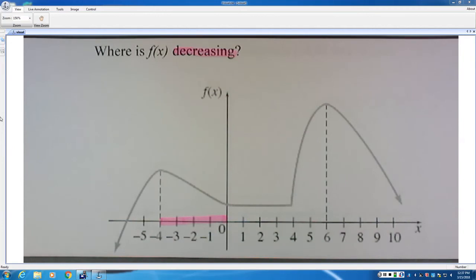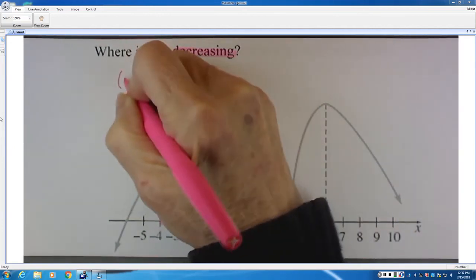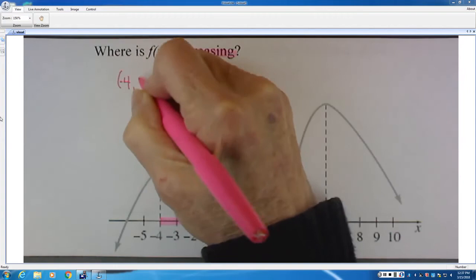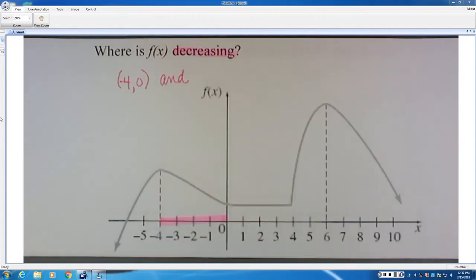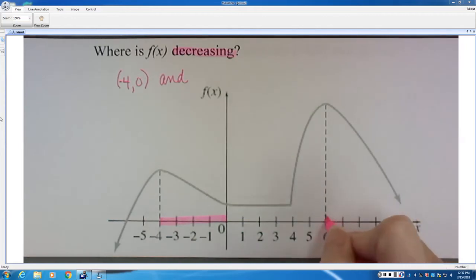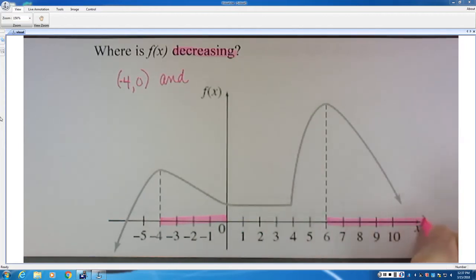But again, not including either one. And where else? 6 to infinity. Okay, that's also the correct answer.